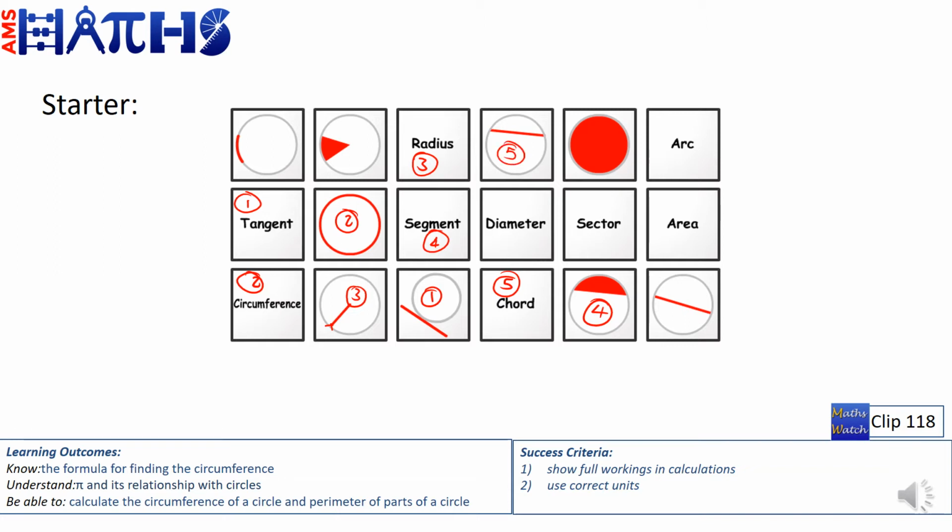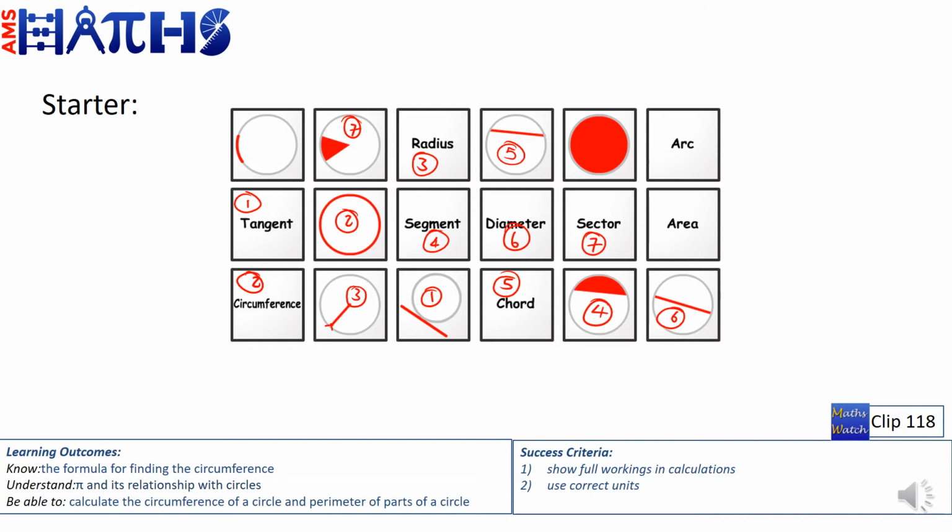And if we go for diameter, this picture would be our diameter, because that line going across goes halfway through the circle and passes through the center as well. Let's go for sector. So this is our sector, pizza looking slice.